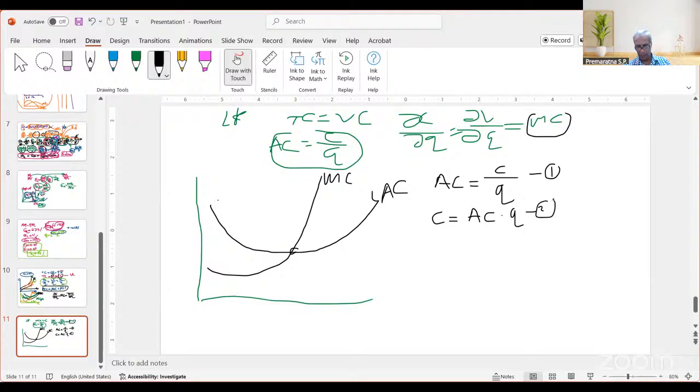Of course, the average cost multiplied by quantity is the total cost. But now what is the marginal cost? You differentiate the total cost with respect to Q, and there you get the marginal cost.